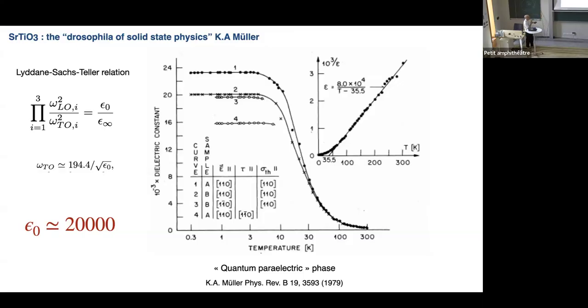This deviation has been the subject of many discussions over the years. And this low temperature phase is the quantum paraelectric phase. The idea is that quantum fluctuations prevent the formation of long-range order.